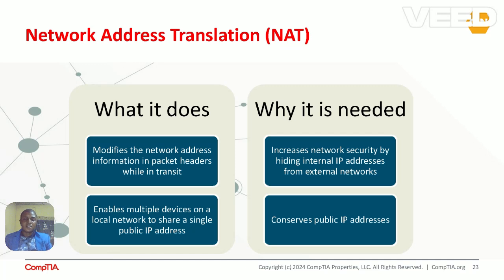Now why is it needed? It's needed for the following reasons. One, it increases network security by hiding internal IP addresses from the external network. Number two, it conserves public IP addresses.